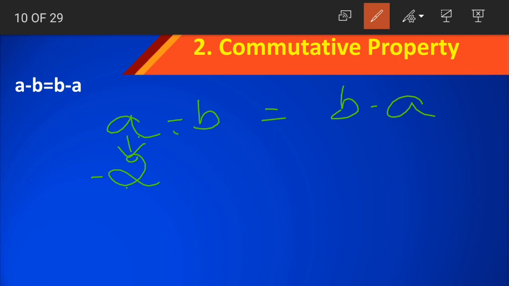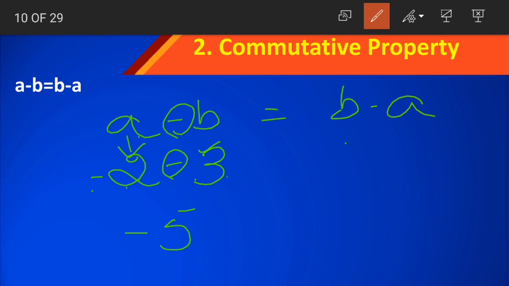So we wrote minus 2 minus 3. Both the signs are the same, so we add them up. 3 plus 2 is 5. 3 is the higher number and it has a negative sign, so the answer will have a negative sign.